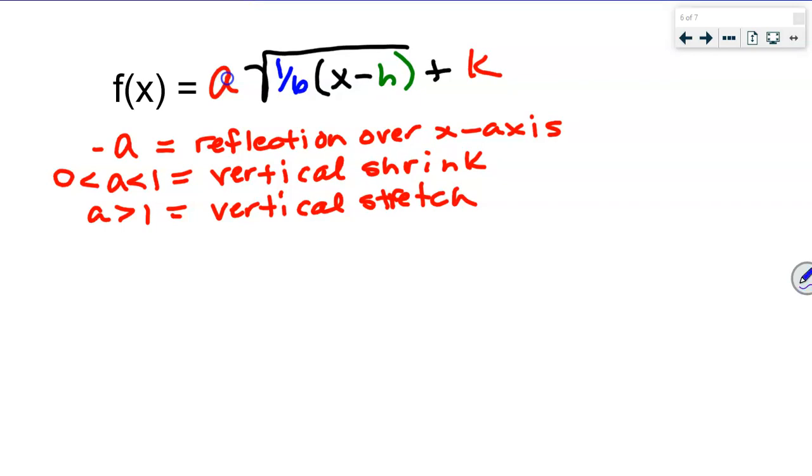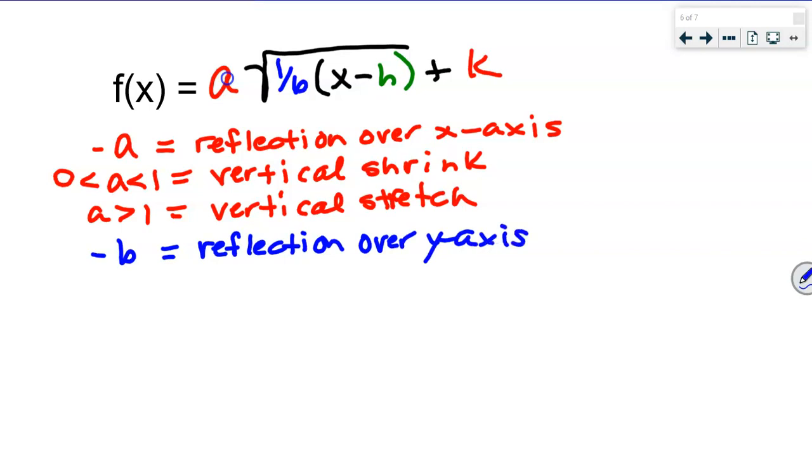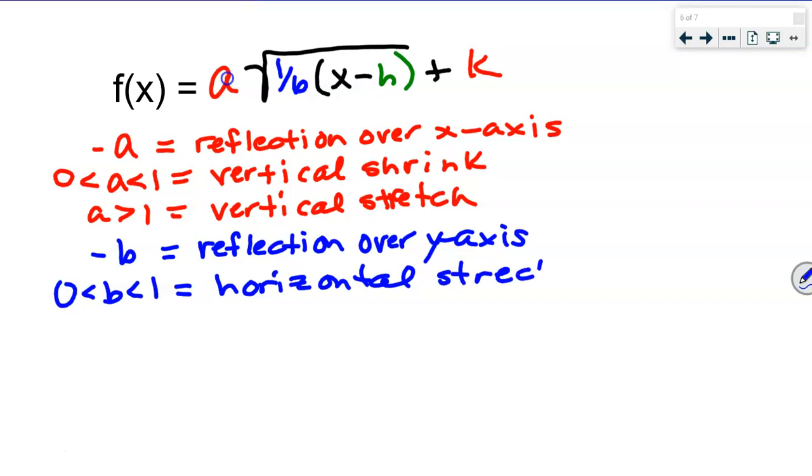Then let's talk about this B. When B is negative, if A was a reflection over the x-axis, what do you think a negative B is going to be? A reflection over the y-axis. And then notice that it's 1 over B. So when B is between 0 and 1, this time it's going to be a horizontal stretch, not a shrink, because it's 1 over, so it's inverted.